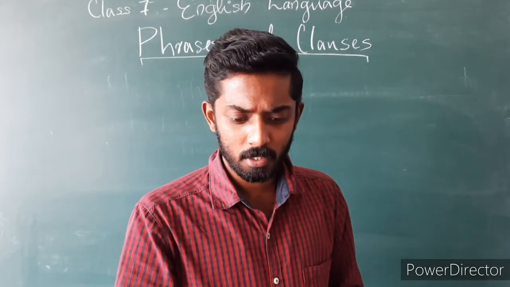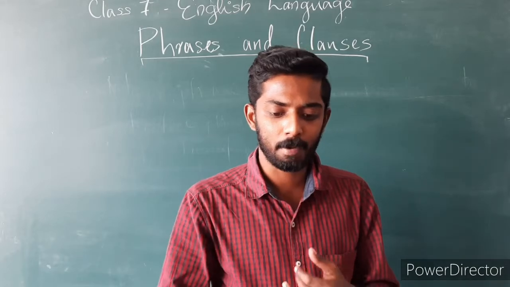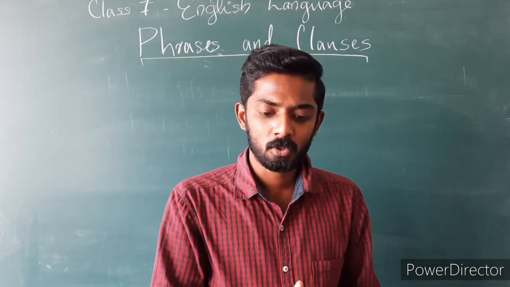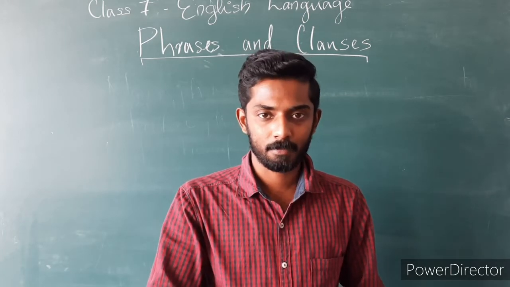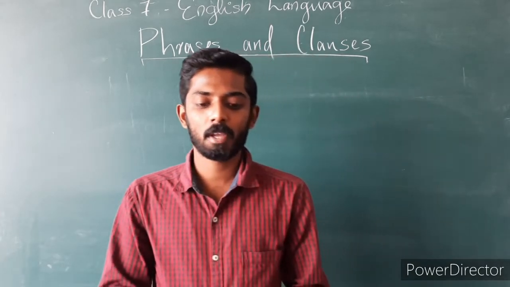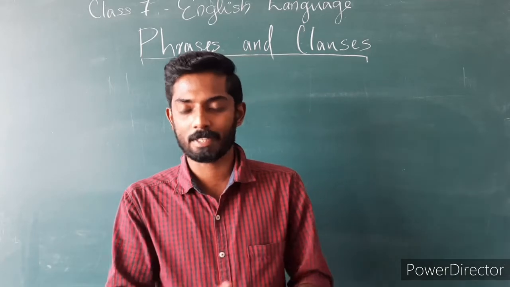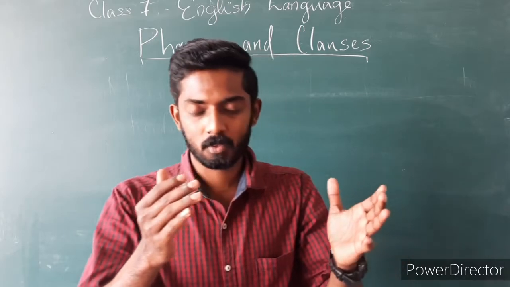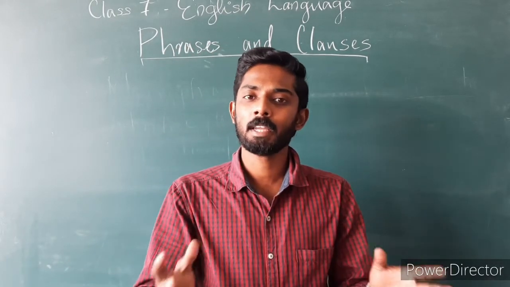There are two clauses in the example, that is the principal or independent clause and the dependent clause. The example is: the boy cannot go to play because he has to finish writing the assignment. Here the principal or independent clause is "the boy cannot go to play." It has a subject and a predicate in it, and it will stay on its own.